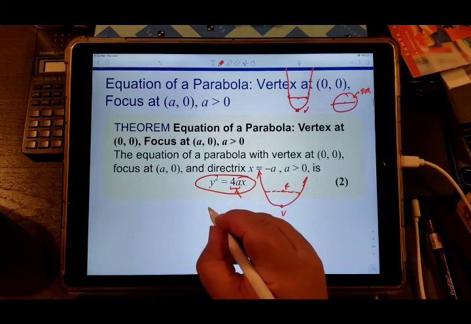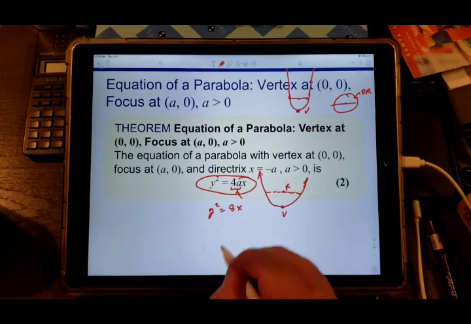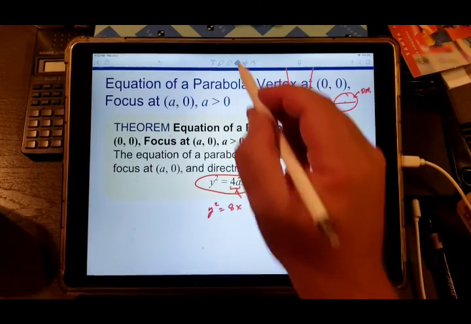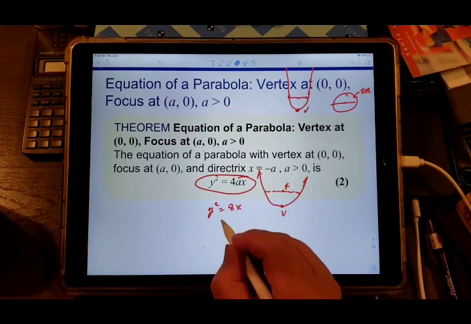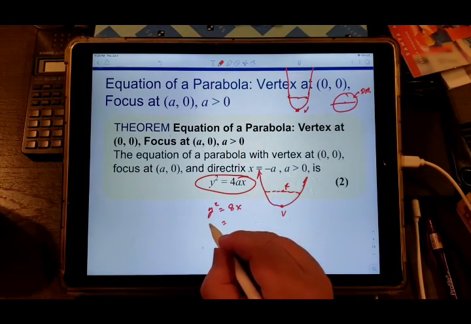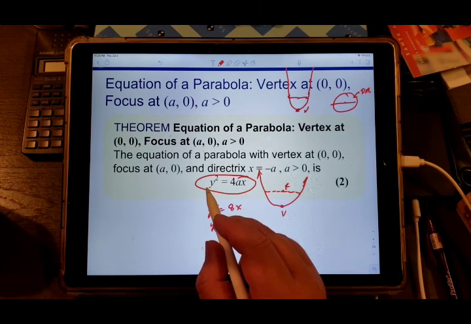So let me do this in practice. If I said y squared equals 8x, notice that 4a there. Well, I can rewrite this. I can factor out the 4, and I can rewrite it as y squared equals. By the way, notice I'm solving for y squared. Normally we don't do that.